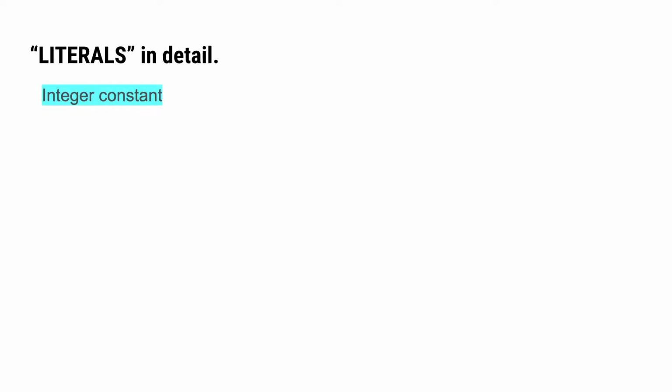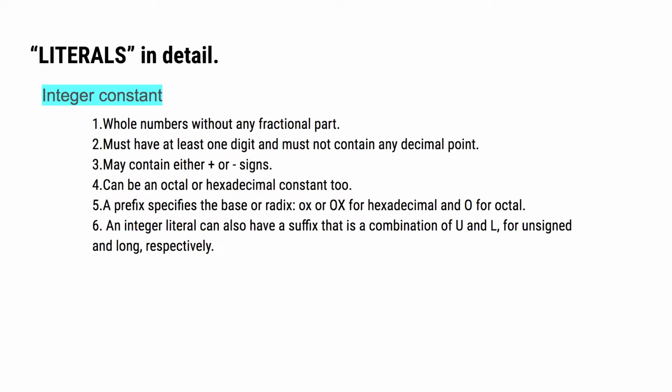Integer constant consists of whole numbers without any fractional part, which obviously means fractional numbers such as 4.14 are not considered as integer constant. Second, must have at least one digit and must not contain any decimal point. Third, may contain either plus or minus signs.